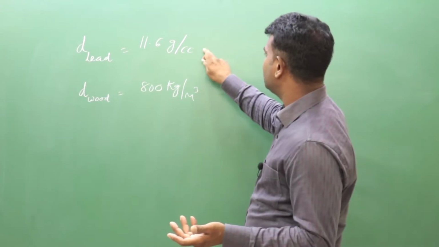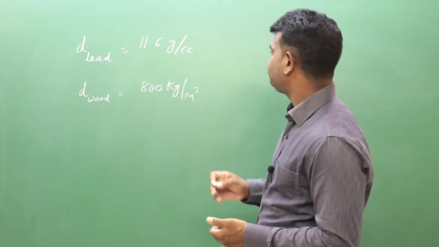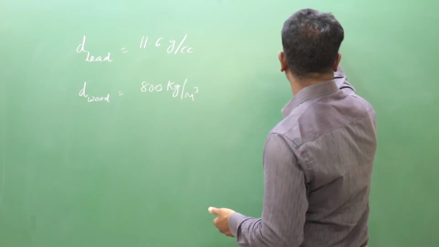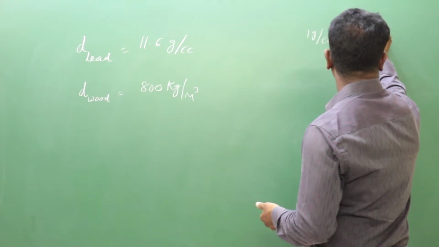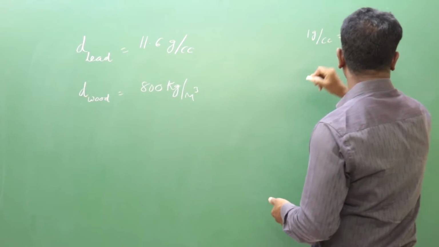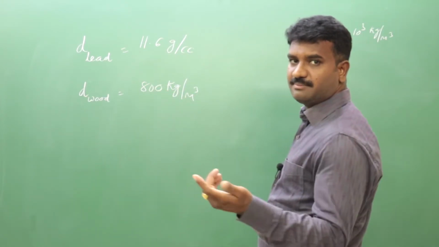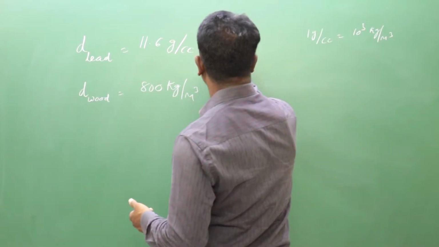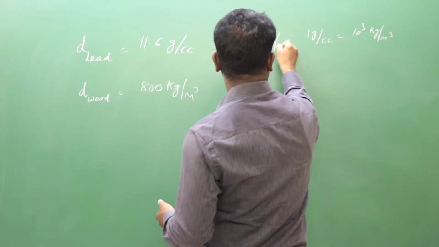So let us convert CGS to SI system. As you know, 1 gram per cc is equal to how much? 1000 kg per meter cube. So instead of gram per cc, I can write 1000 kg per meter cube. Then it becomes 11.6 into 10 to the power of 3 kg per meter cube.